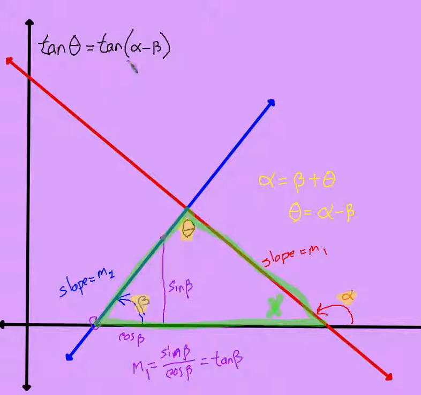Now, in class, we had the tangent difference identity, and what we learned is that, like the sine and cosine sum and difference identities, there's a pattern to this, and for the difference, it is the tangent of alpha minus the tangent of beta, all divided by 1 plus tangent alpha times tangent beta.